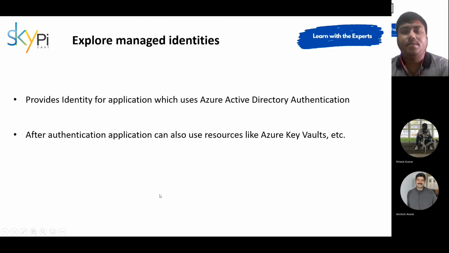It absolutely resolves the problem of storing connection strings and app secrets or anything like that. Because SQL Server is an Azure SQL Server service, and the API is stored in Azure App Service, both of these are managed by Azure only.